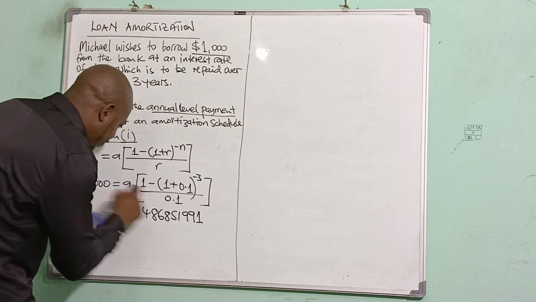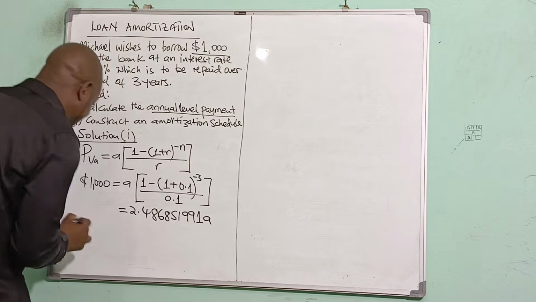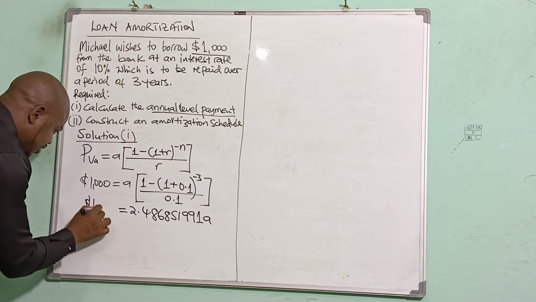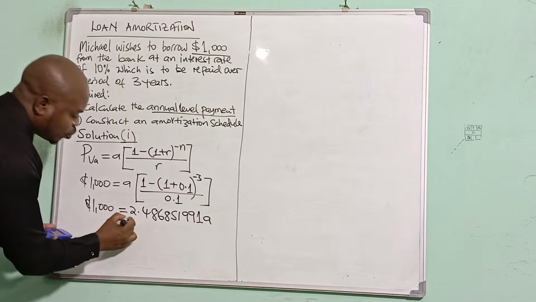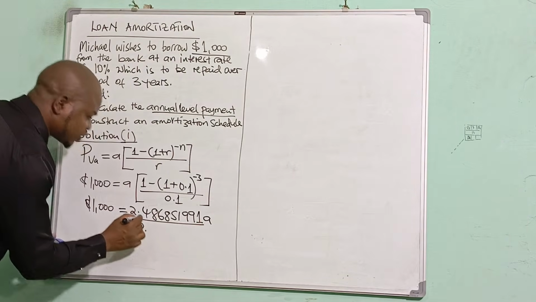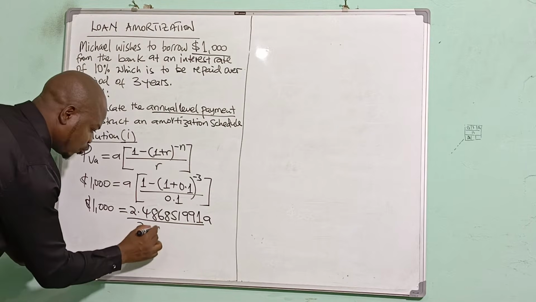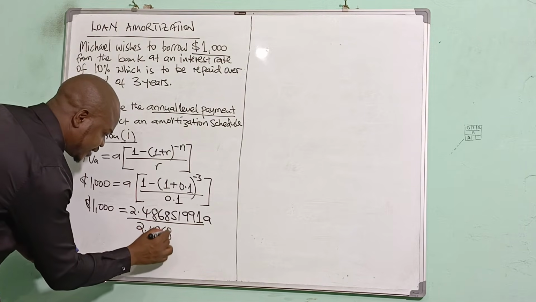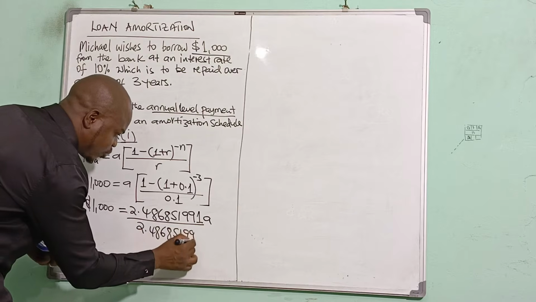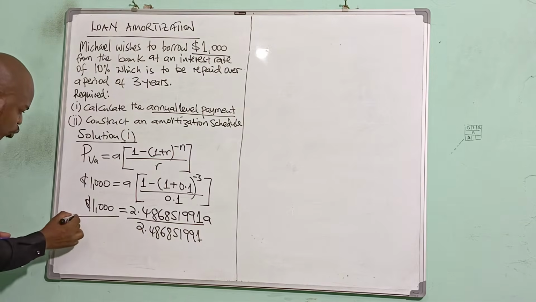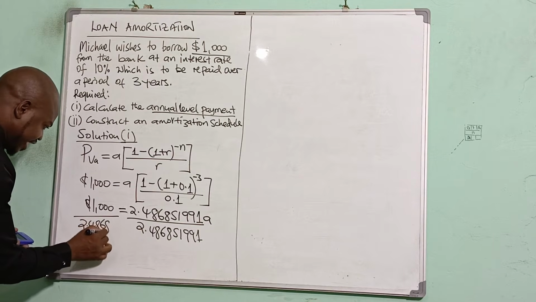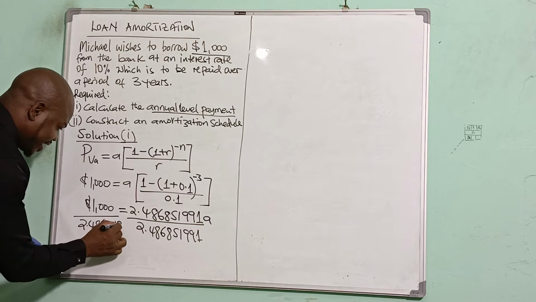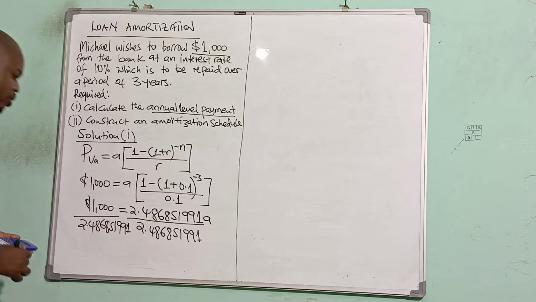So what I have now is 2.486851991 times A, and then there's $1,000 on this side. So I'm looking for the A. What I'll do is divide both sides by 2.486851991.